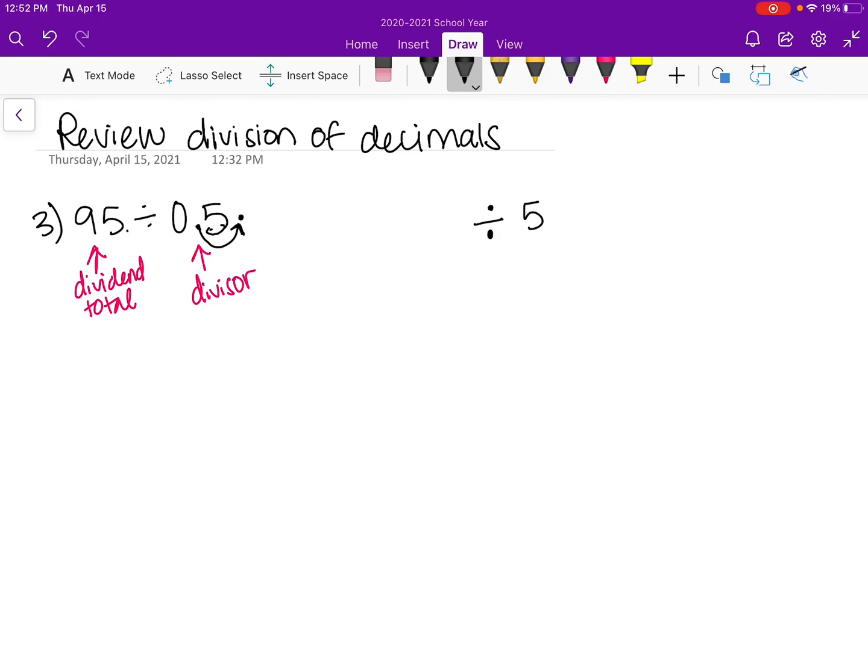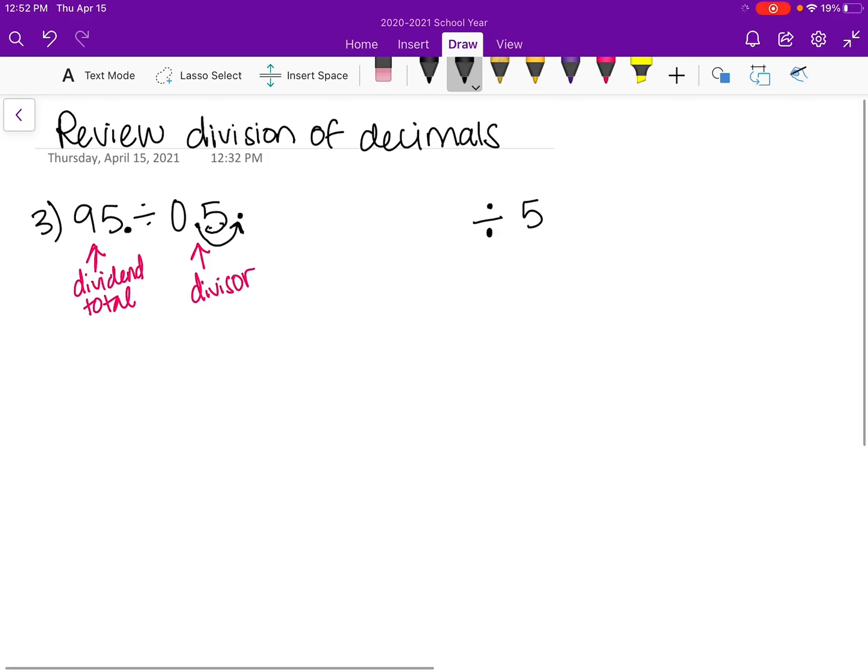But with moving the decimal 1 to the right, I can always add a decimal after a whole number. So even though there is not a decimal already there, I can add a decimal after the whole number, move it 1 place value to the right, and add a 0 right there.